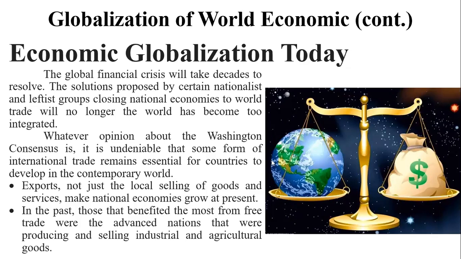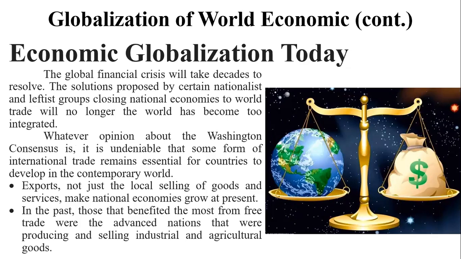So another saying from the Washington Consensus: whatever opinion about the Washington Consensus is, it is undeniable that some form of international trade remains essential for countries to develop in this contemporary world. So exports, not just the local selling of goods and services, make national economies grow at present.